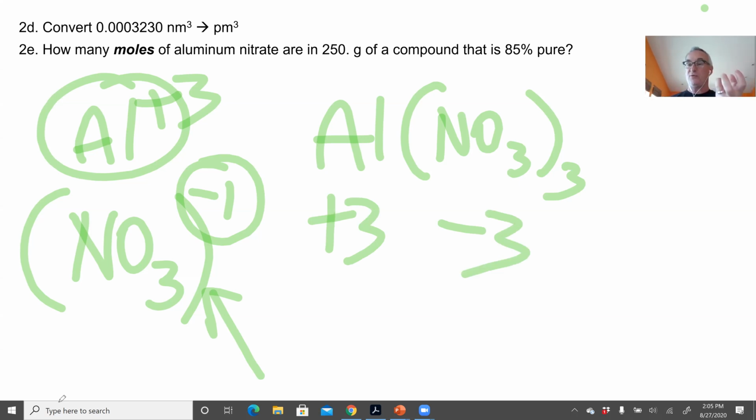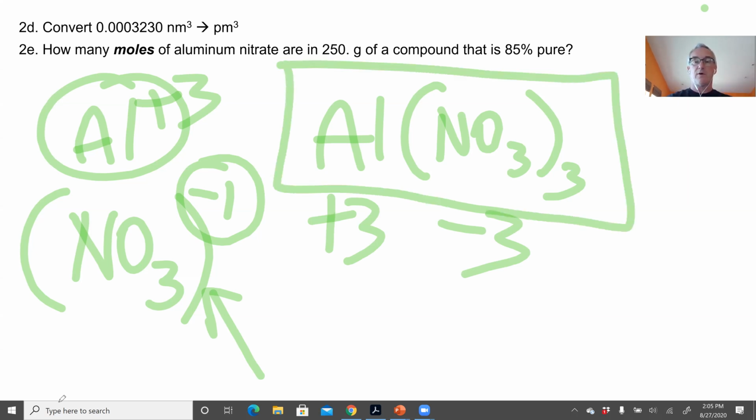And so it takes 3 moles of nitrate to go with 1 mole of aluminum and give us a balanced compound. So, someone look up aluminum nitrate and tell us that that is the right formula. Yes, it is. Excellent. Good job, whoever it was that gave me that.